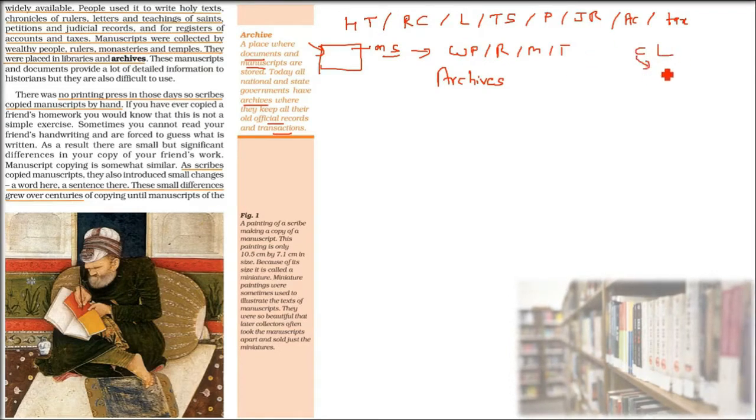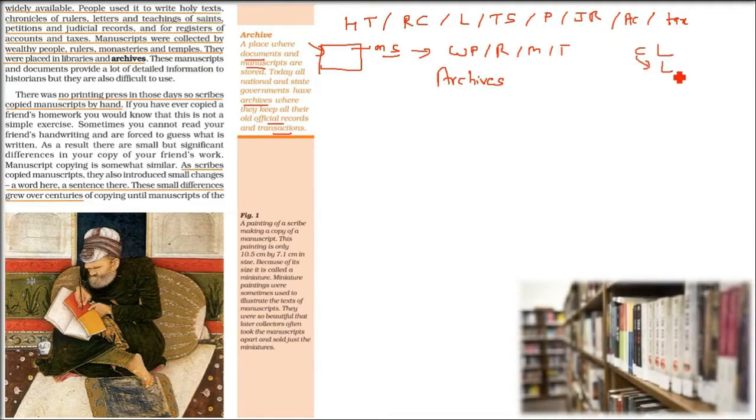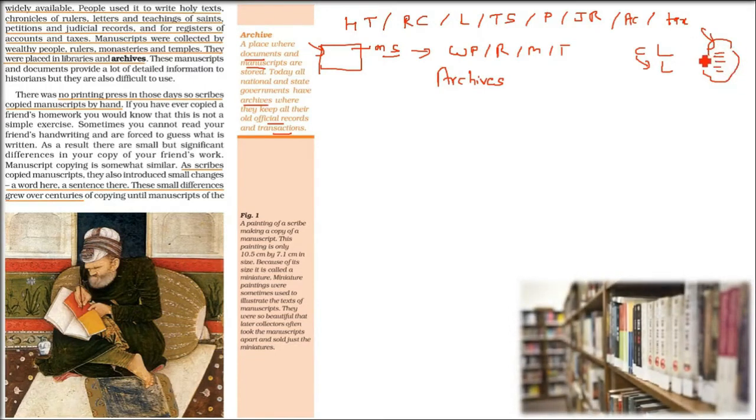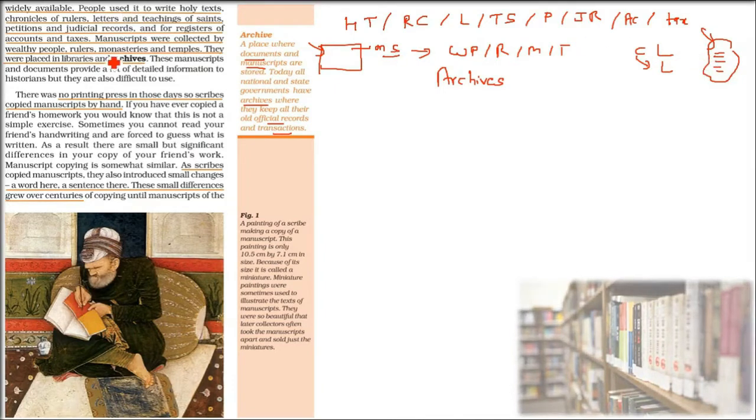Your school or college might have a library, but a library is local level, with books. In the big museums or archives, things of national and state heritage are kept.